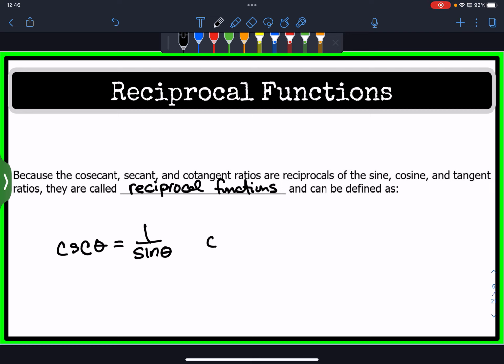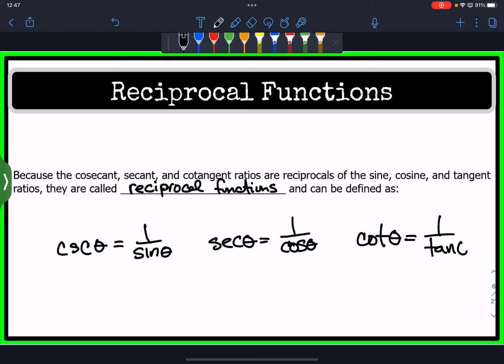The secant of theta is 1 over cosine of theta, and the cotangent of theta is 1 over tangent.